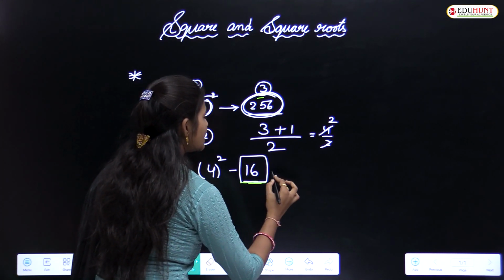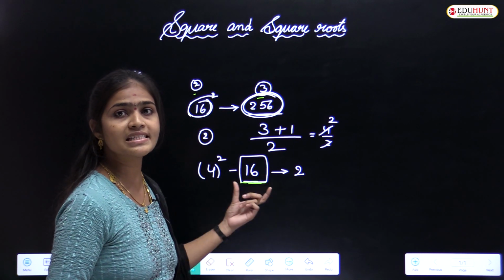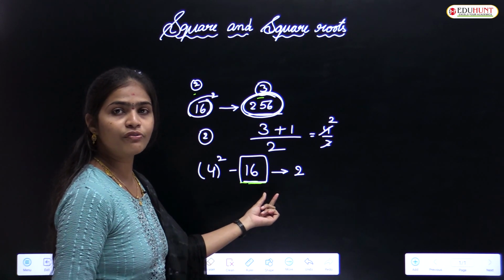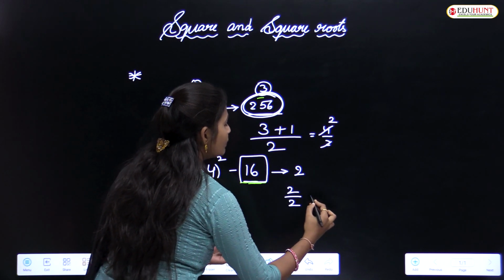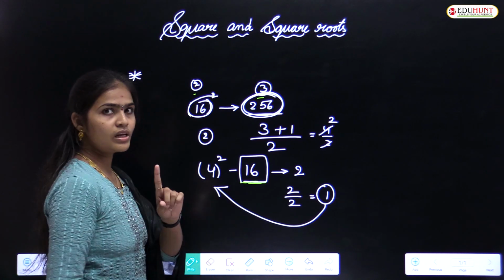The square number has 2 digits, so it is an even number of digits. So the formula is 2 by 2, which equals 1. So the square root has only 1 digit.